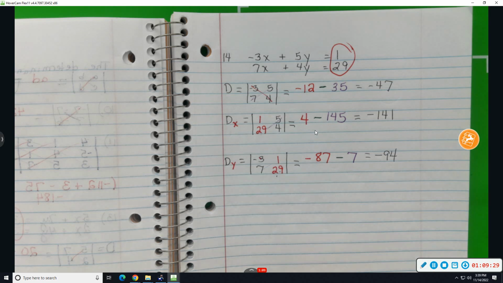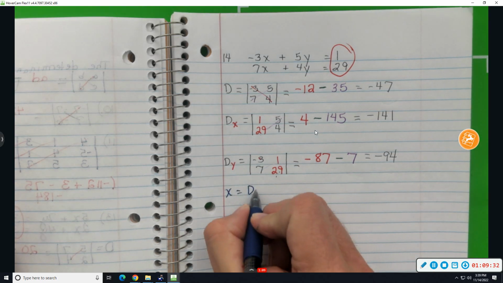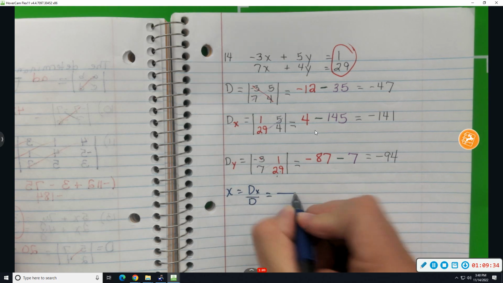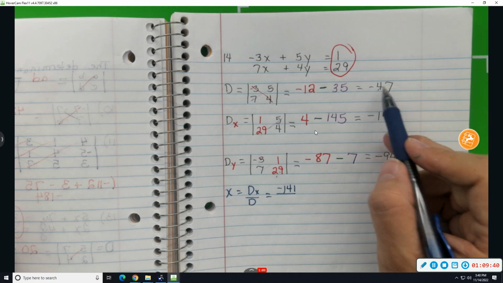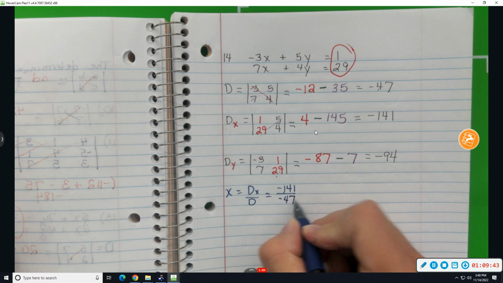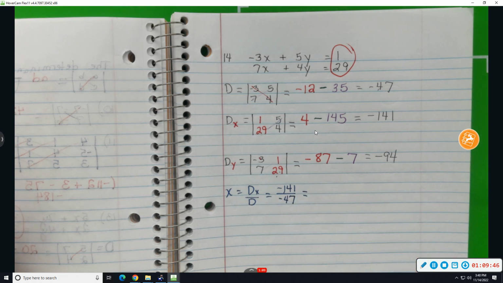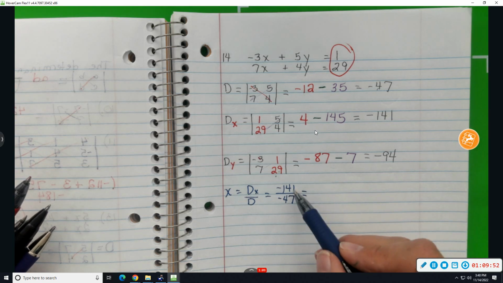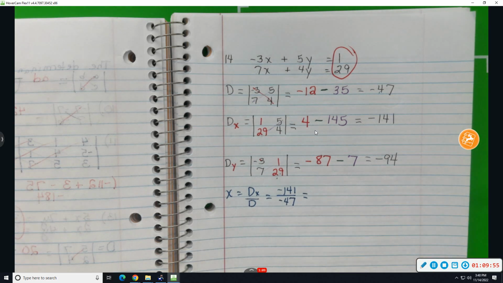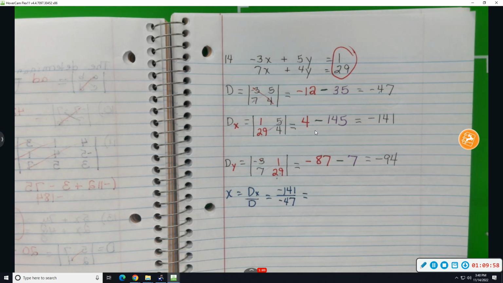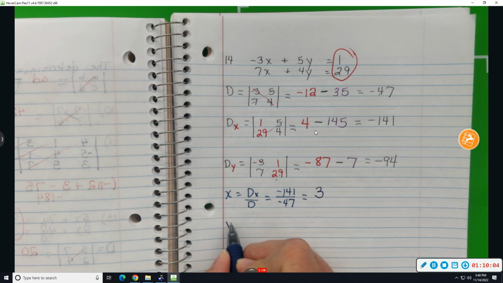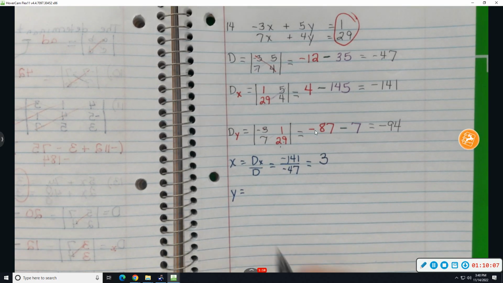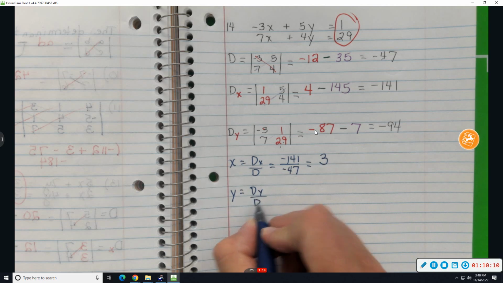And now, x is dx over d. So that's going to be a negative 141 over negative 47. Oh gosh, is this going to go in evenly? Negative 141 divided by negative 47. Negative divided by negative is positive. Is that going to be a 3? And then y, dy over d.